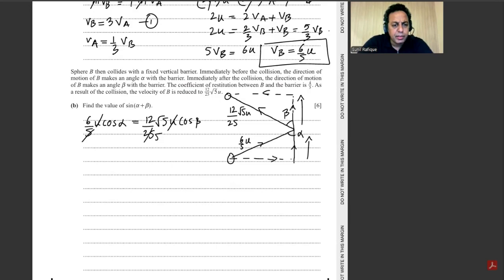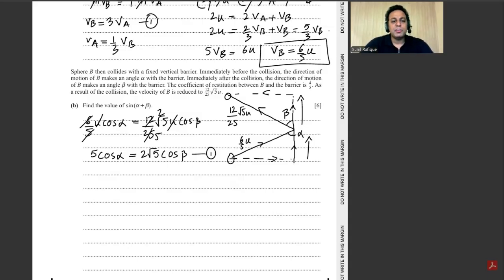That's going to be 5 cos alpha equals 2 root 5 cos beta. Okay, so I am looking for the compound of sine of alpha plus beta. So I need each of these: sine alpha, cos beta, cos alpha, sine beta. So let's just make this equation 1 for now.